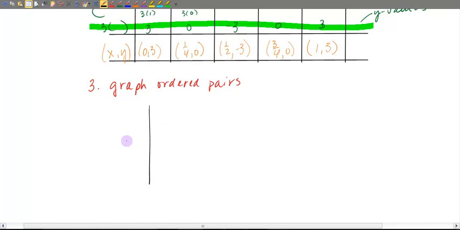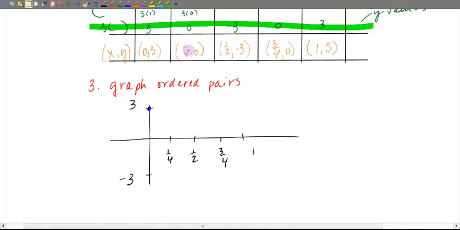Rather quickly, I come over here and do that. I'm going to go up 3, down 3, negative 3. I break this up into 1, 1/2, 1/4, 3/4. So the first point that I'm actually going to plot is at 0, 3. That's over 0, up 3.